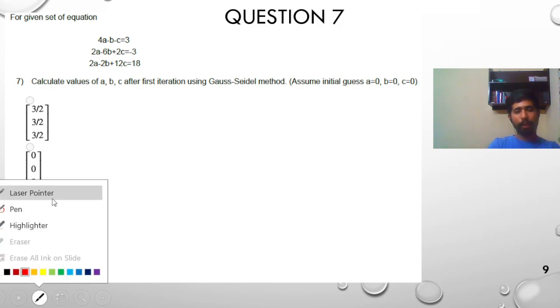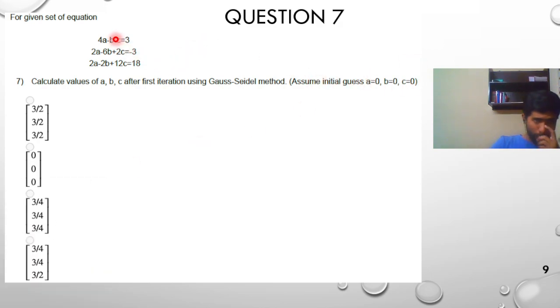Once you take an initial guess, first you calculate a. Then you calculate b using the second equation, but take a from the first iteration only, whatever you have calculated previously. Similarly you can calculate c from the third equation, but take the values of a and b from the first iteration. So that's the procedure.